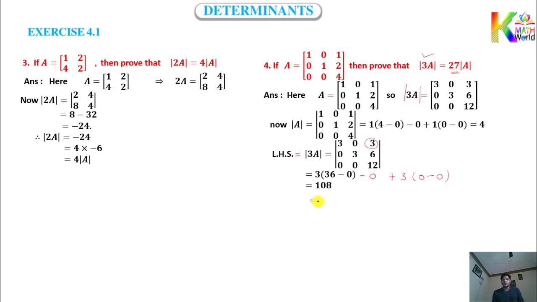So 108 can be factorized as 27 into 4. What is your 4? That is the value of the determinant of A. So you get 27 into determinant A. That will be your right answer.